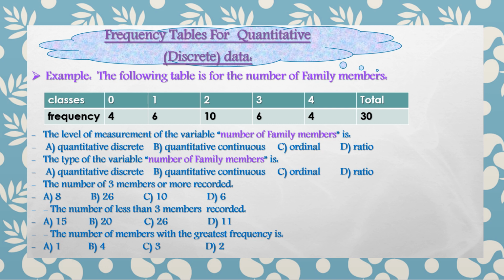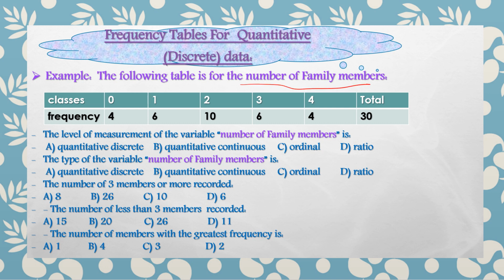The family members take integer numbers, so this is a discrete variable. So in this frequency table, we can see that the classes here take 0, no members, or 1 member, 2, 3, 4. And these are the classes of our variable of interest, which is the number of the family members.